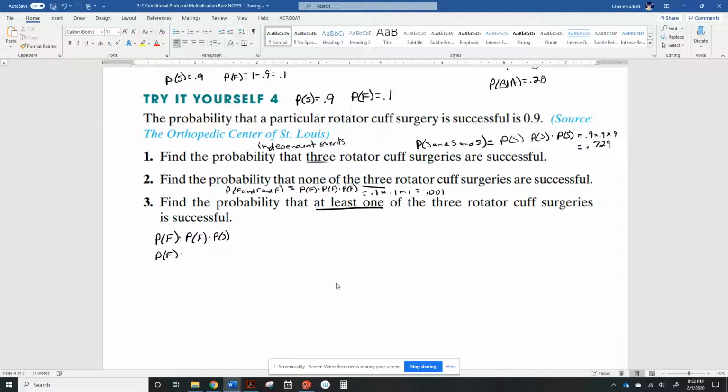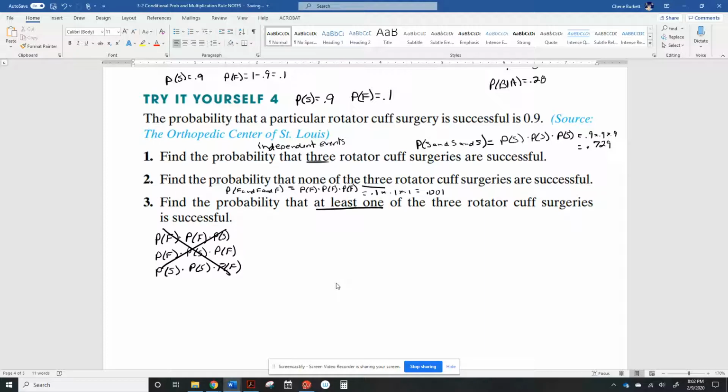But it could be which one, or it could be that there's 2 successes. That's at least 1 success, right? So we've got lots of outcomes right here, and if we have to do all of these, then we're going to have a whole bunch of multiplying to do. So this is not the approach we want to take.